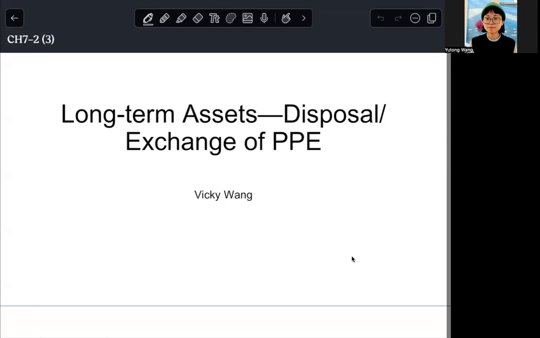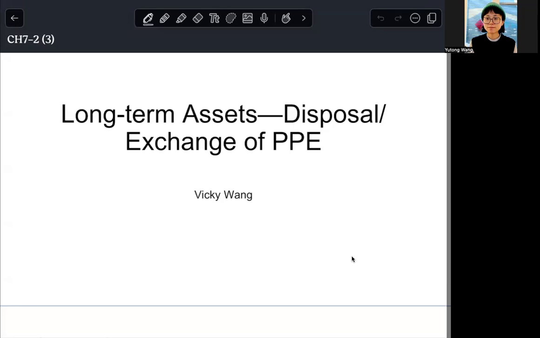For the second part, let's review how to calculate the depreciation expense under three different depreciation methods. They are the straight line method, double declining balance, and activity-based method. Under the straight line method, we use the cost minus the residual value divided by the service life, right?